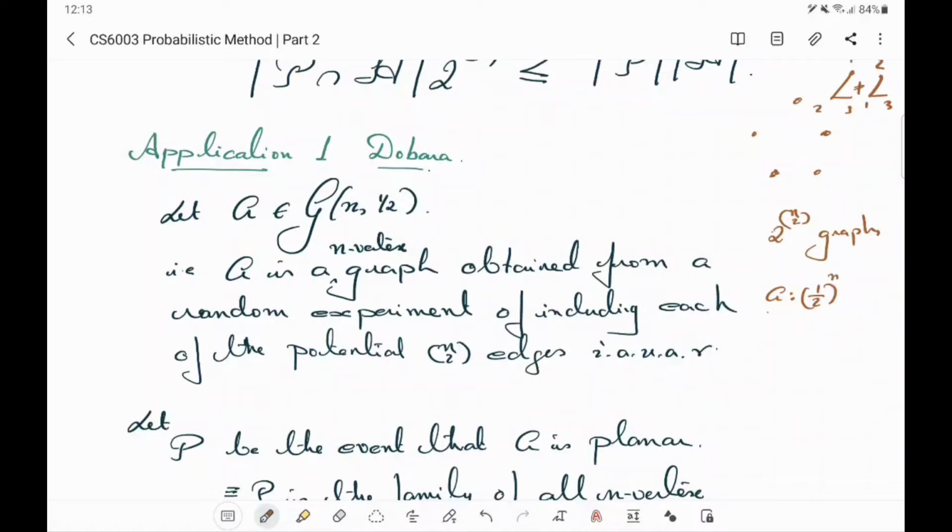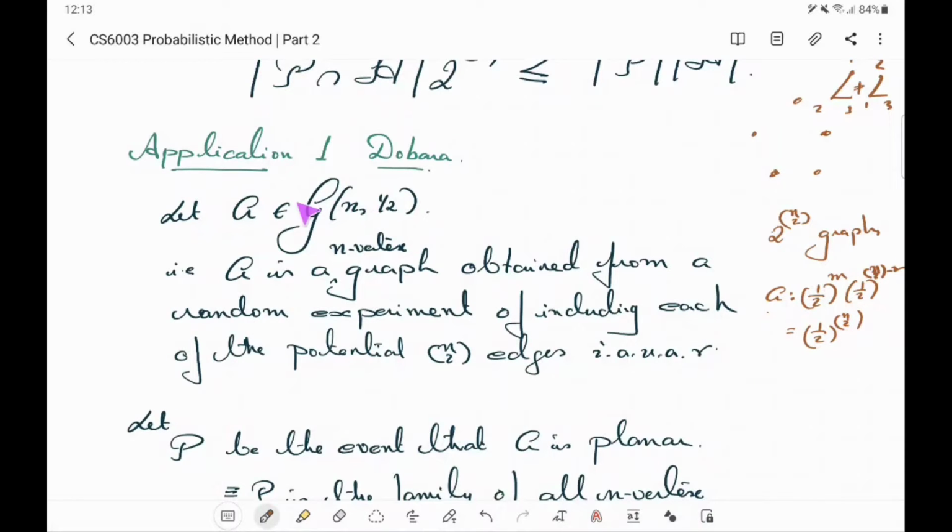Then for each edge in the graph, the coin should have landed heads, which gives half to the power m, and for each edge not in your graph, n choose 2 minus m of them, the coin should have landed tails. There is independence among the coin tosses, so I am right in taking the product. Since it is half in both cases, this always turns out to be half to the power n choose 2, which is exactly the uniform distribution.